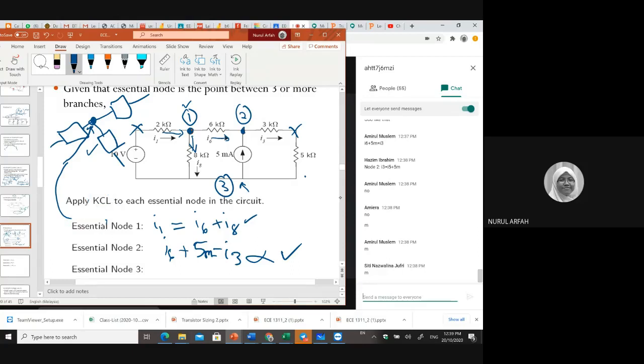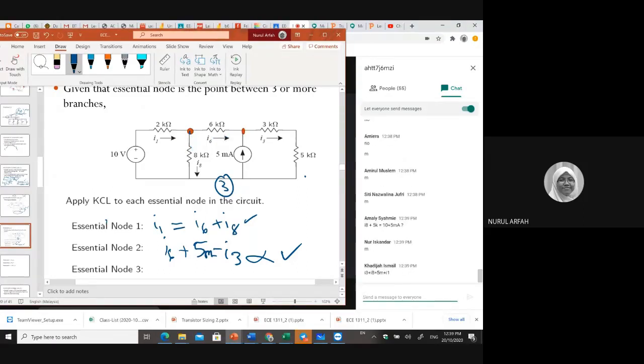Maybe you need some space, right? Okay, some say I8 plus 5K and then equal to 10 plus 5 milli.